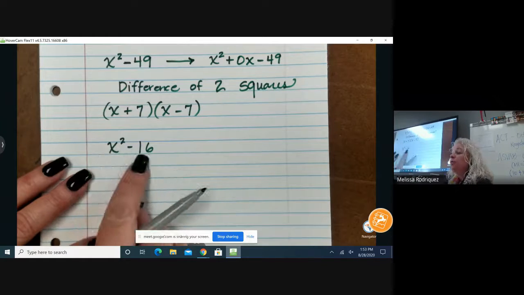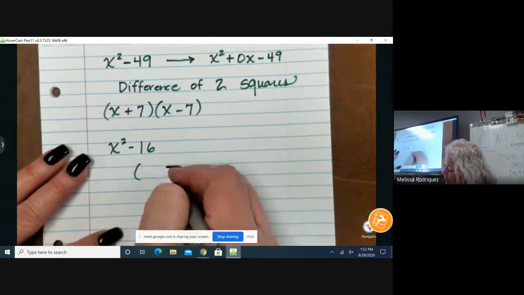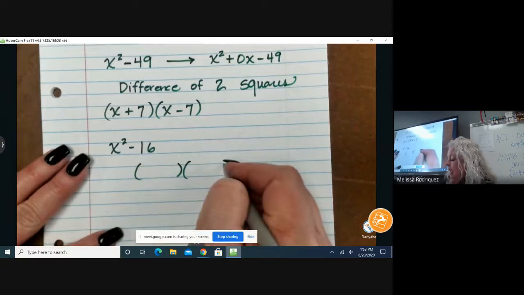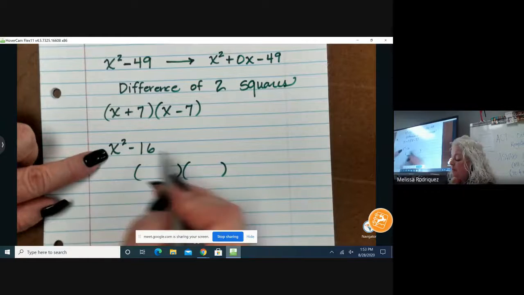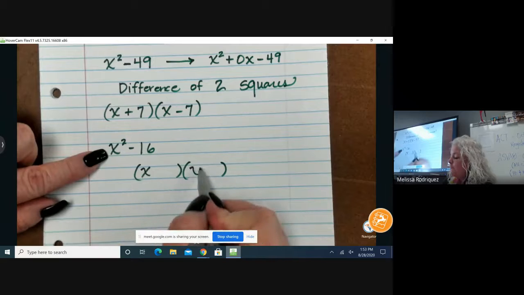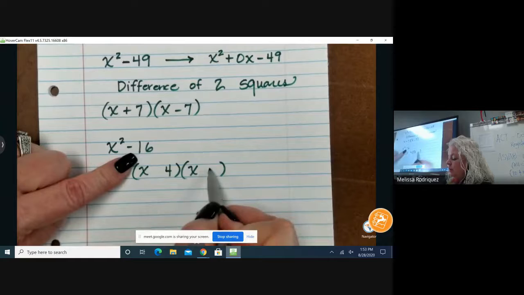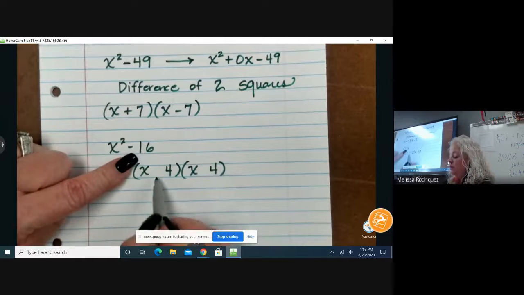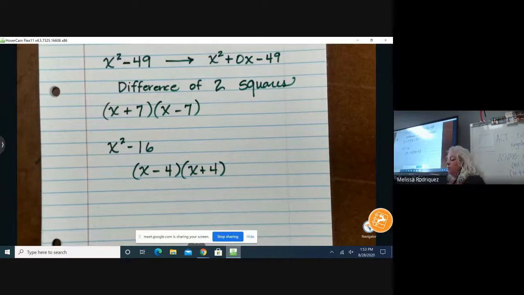Are they both perfect squares? Yes. Open 2 sets of parentheses. And let's take care of it. What is the square root of x squared? That's the first blank. Square root of 16? Signs? Minus and addition. One of each. Very good.